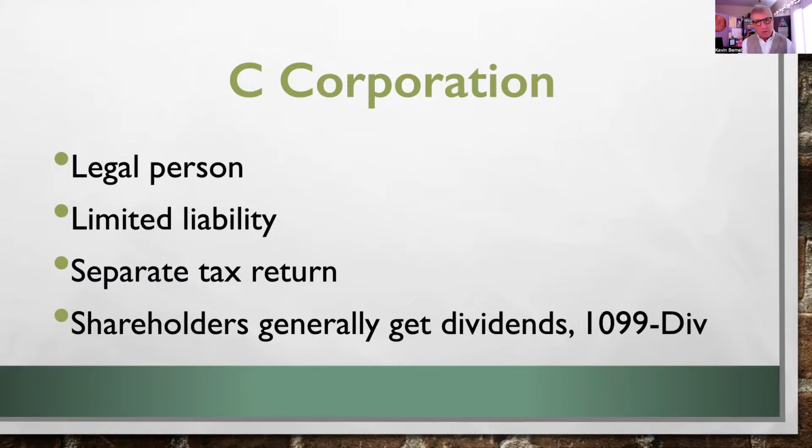And then if they later distribute those earnings to the shareholders, maybe the following year, the shareholders are going to pay taxes on the dividends as well. So income profit to a C corporation generally gets taxed twice. That's where that phrase comes from.